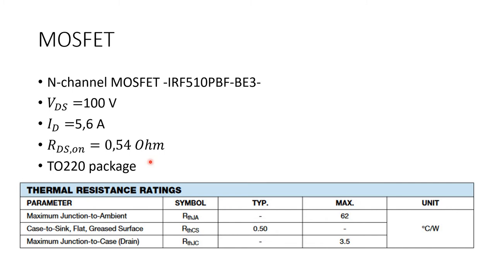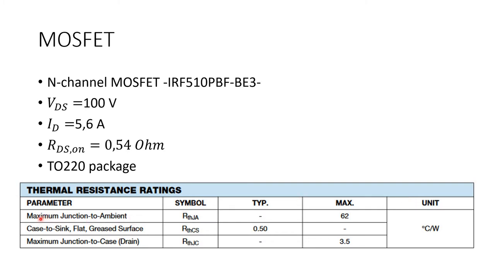I have chosen an N-channel MOSFET for this application. It has a drain-source voltage of 100 volts and an RDS on-state resistance of 0.54 ohm. It has a TO220 package, which is going to be used in the following slides. What's important in the datasheet of this MOSFET is the thermal resistance ratings.